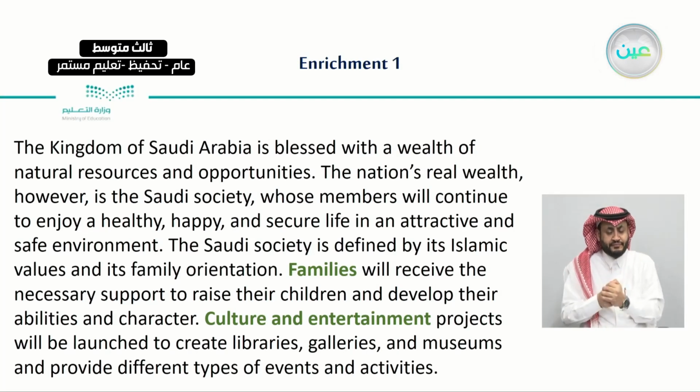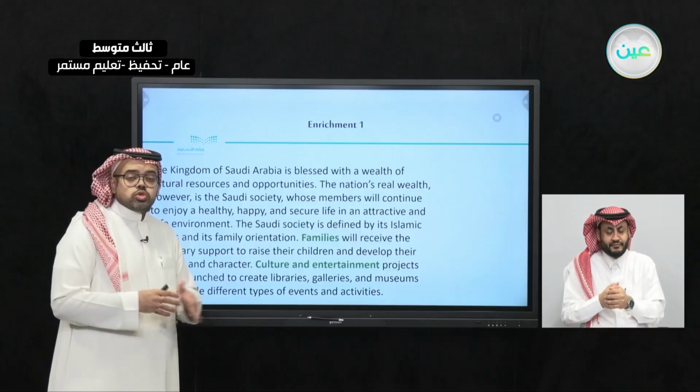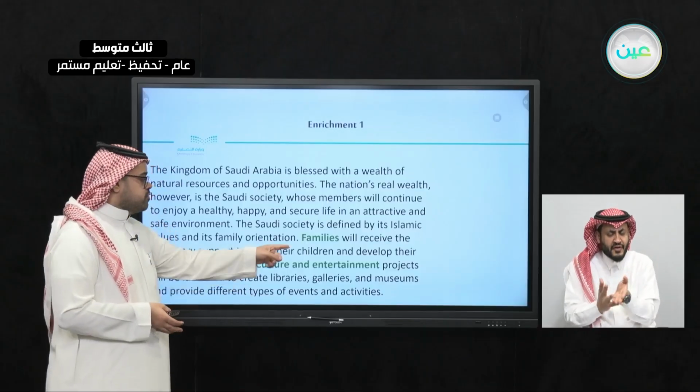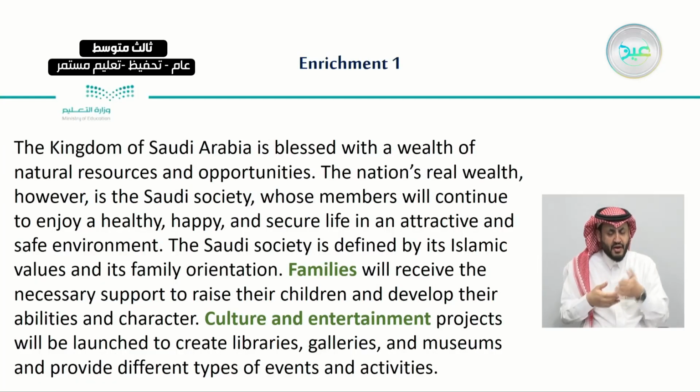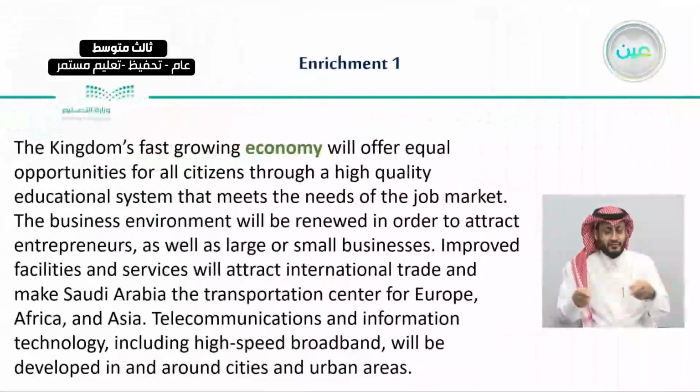This text was talking about the vision in general, and then it went into specifics to talk about each of these parts. For example, families will receive necessary support to raise their children and also to develop their abilities and character. With culture and entertainment, the vision will help create libraries, galleries, and museums, and also provide different types of events and activities.